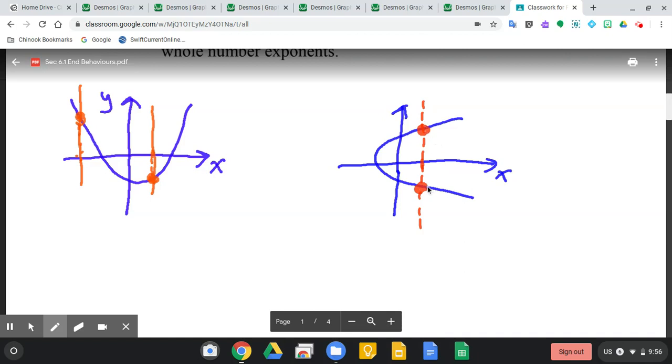So we say this fails the vertical line test. This one value of x goes to two different values of y, one above, one below. So this is an example of a relationship. It shows the association between two different sets of objects, but it does not qualify as a function.